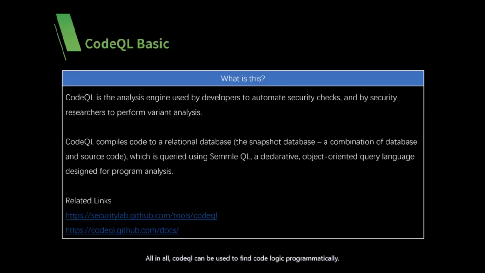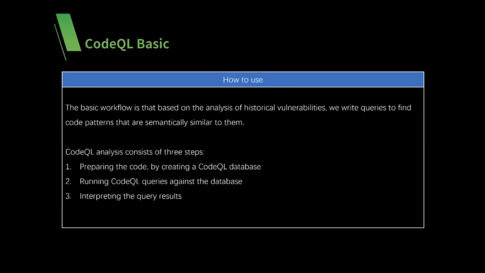All in all, CodeQL can be used to find code logic programmatically. The basic workflow is that, based on the analysis of historical vulnerabilities, we write queries to find code patterns that are thematically similar to them.